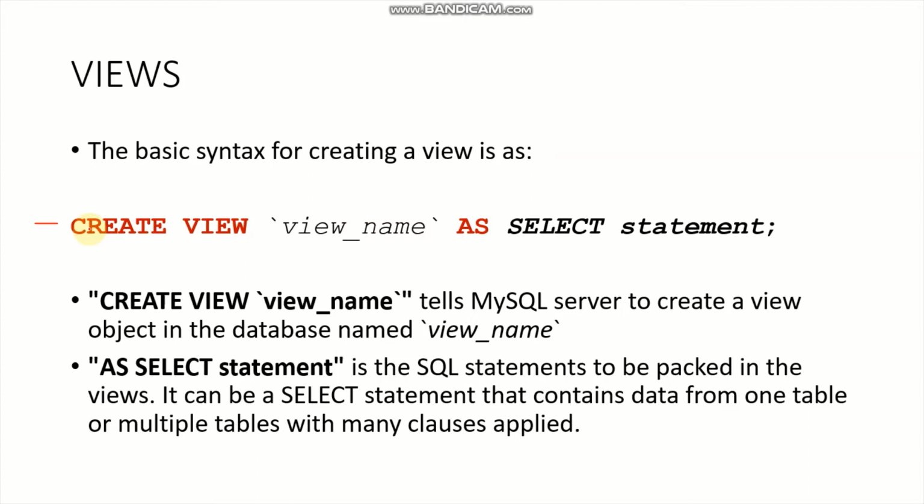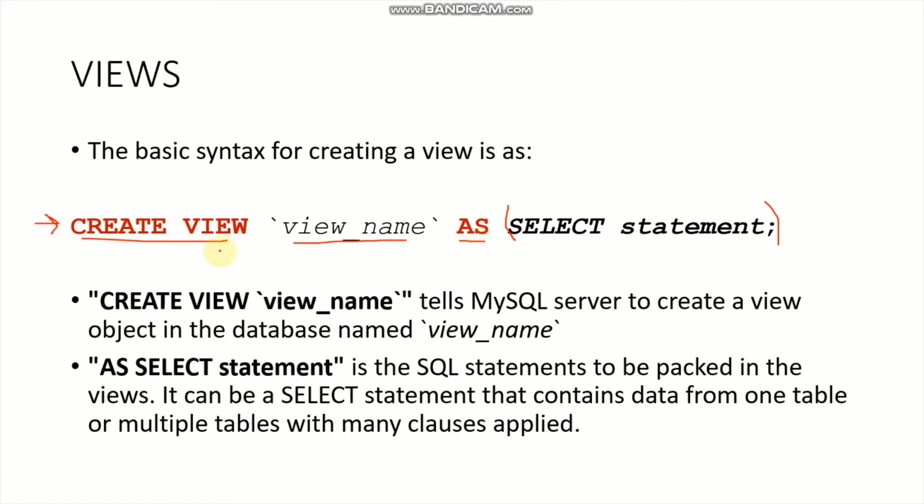A new view can be created by using the create query, as we did for creating tables. So we must type create view, then the name of that view, and after that we must supply the select statement, and before the select statement we must type as.